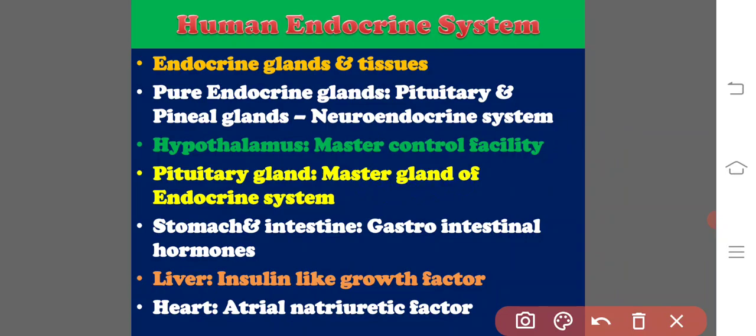In addition to the main endocrine glands, certain tissues in the digestive tract, kidney, liver and heart also perform endocrine functions.